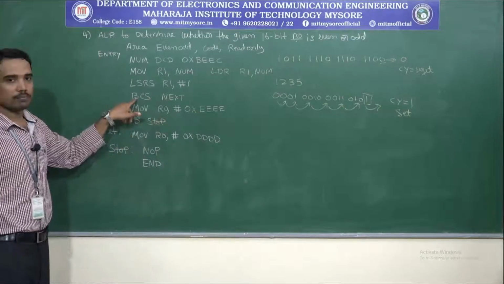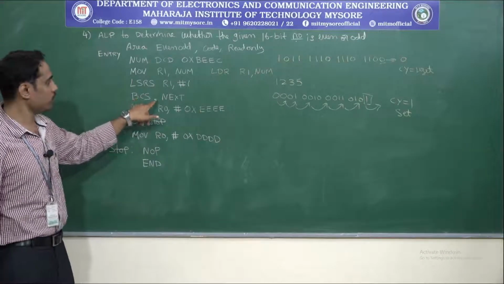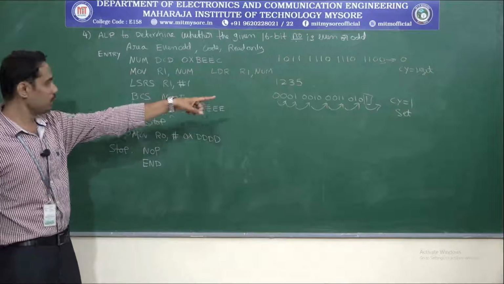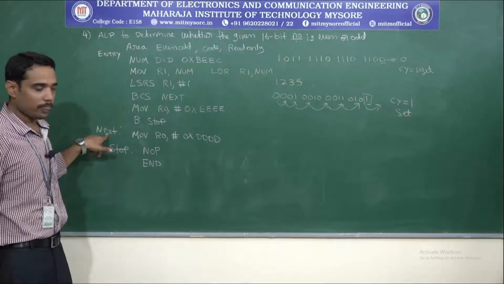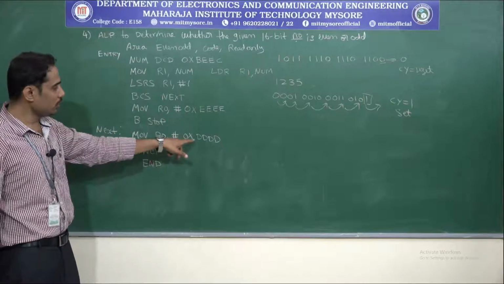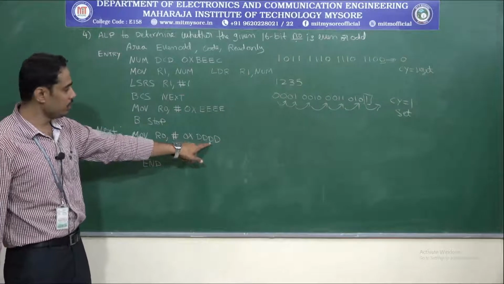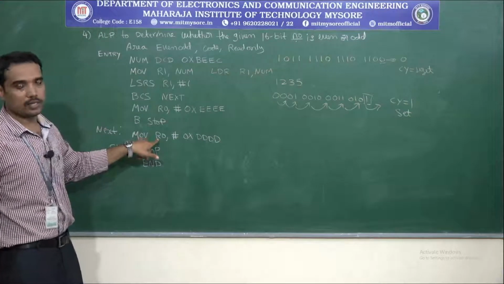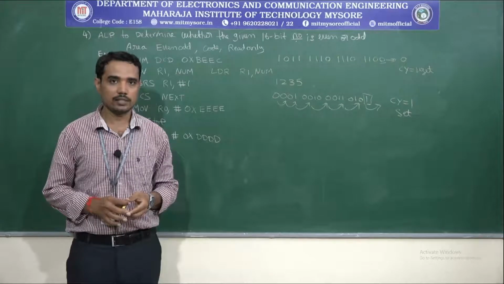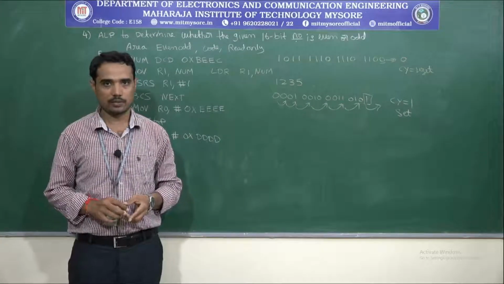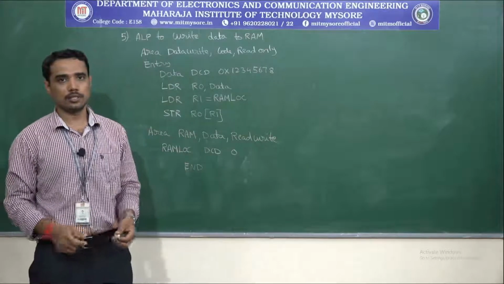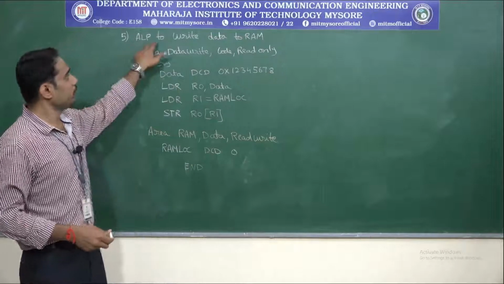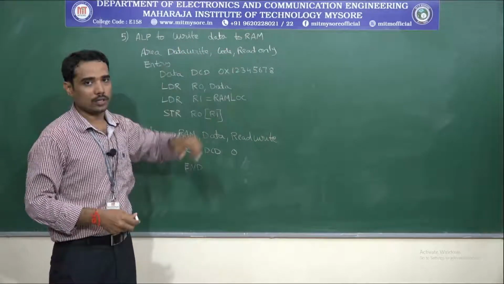BCS next. Branch if carry flag is set. Yes, of course, in this case the carry flag is set. Then it comes here to next and tries to load the immediate data DDD into R0, indicating the given data is an odd number.